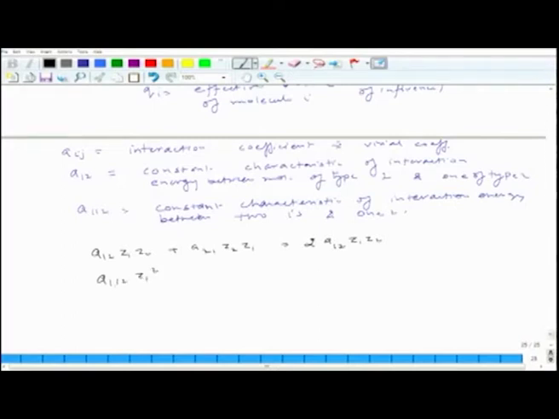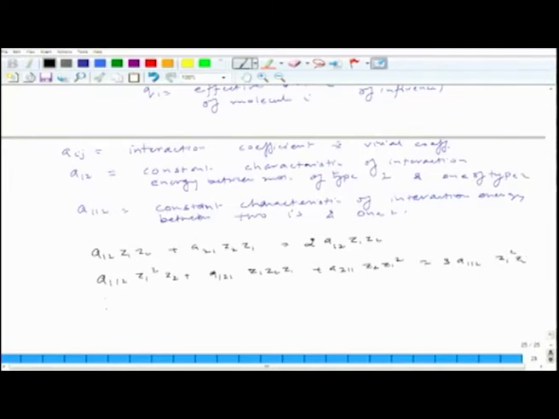There are 2 of type 1, 1 of type 2, plus A121 Z1 Z2 Z1 plus A211 Z2 Z1 square. So this is basically 3 combinations we have for having 2 of type 1 and 1 of type 2, and these are all the same: Z1 square Z2. Similarly, you can come up with other terms.